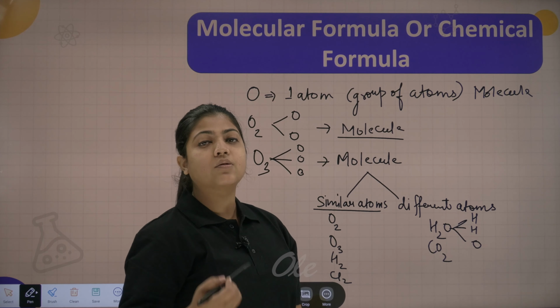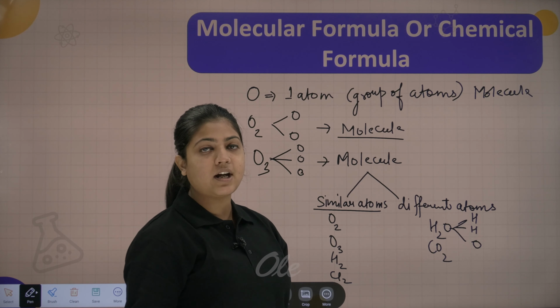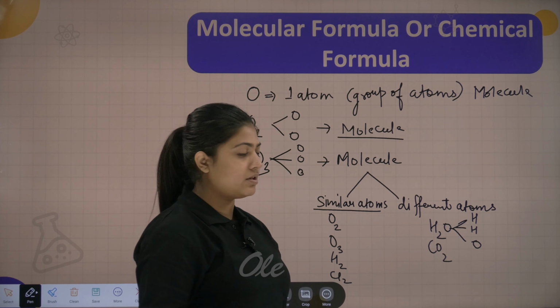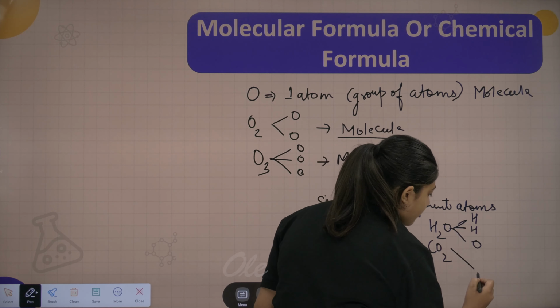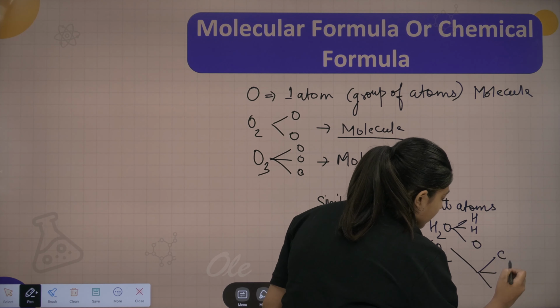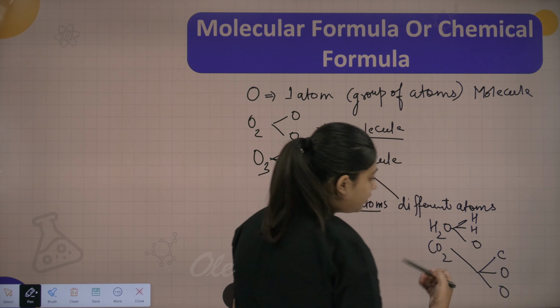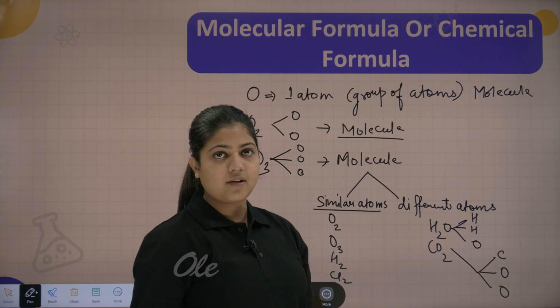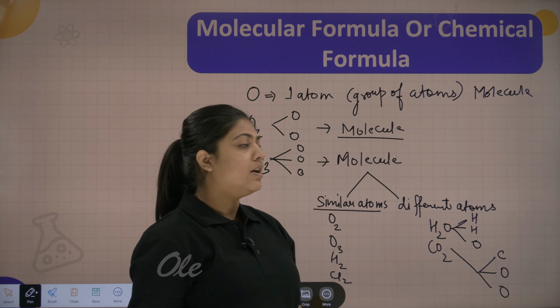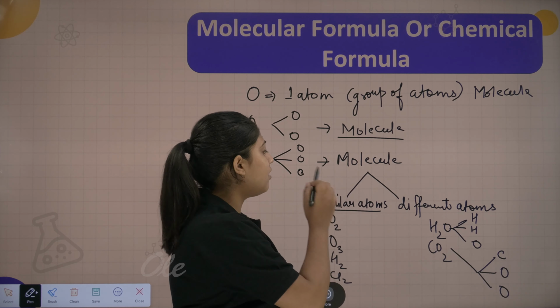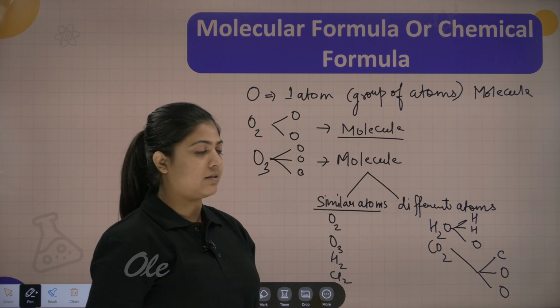So this is a molecule of different atoms. 2 different atoms are there, hydrogen and oxygen. CO2, here also 2 different atoms are there, 1 of carbon and 2 of oxygen. So this is the difference between a molecule of similar atoms and different atoms.